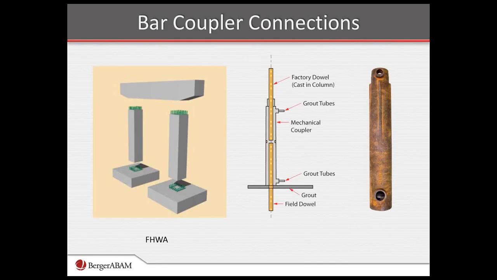It's highly confined. You can develop the full strength of the bars in this very short length, although very short is a relative term. For the larger bars, these mechanical couplers can become relatively large compared to, say, plastic hinge zones.